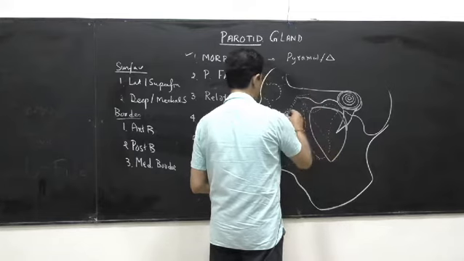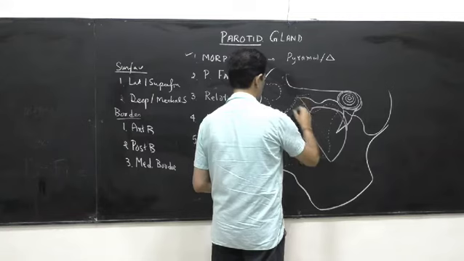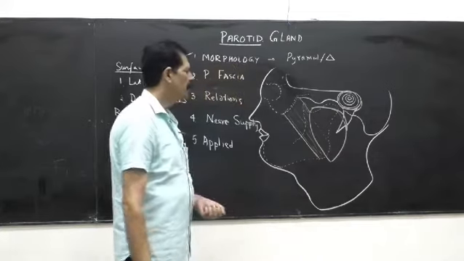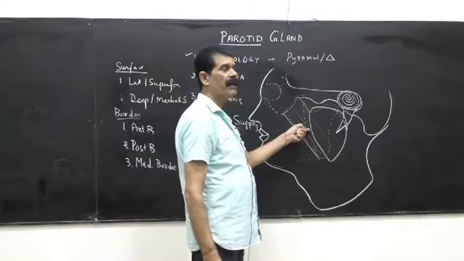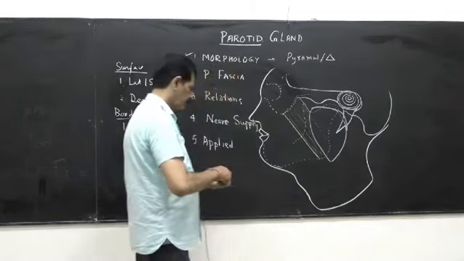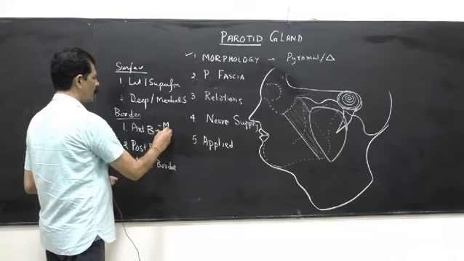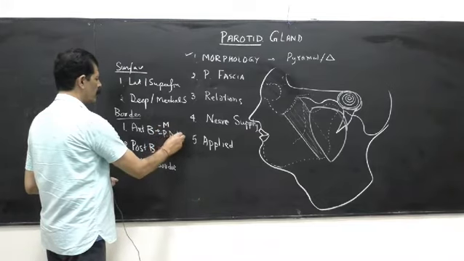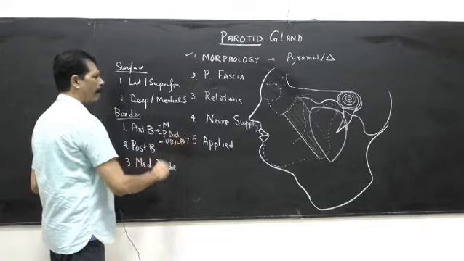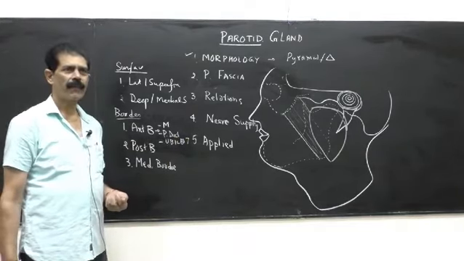So it overlies the masseter muscle. And from its anterior border comes out the parotid duct. So the anterior border is related to the masseter muscle and the parotid duct, along with the upper buccal and lower buccal branches of the facial nerve. These are the structures in relation to the anterior part.